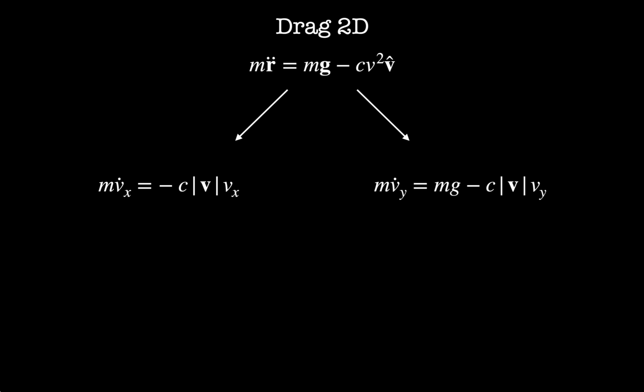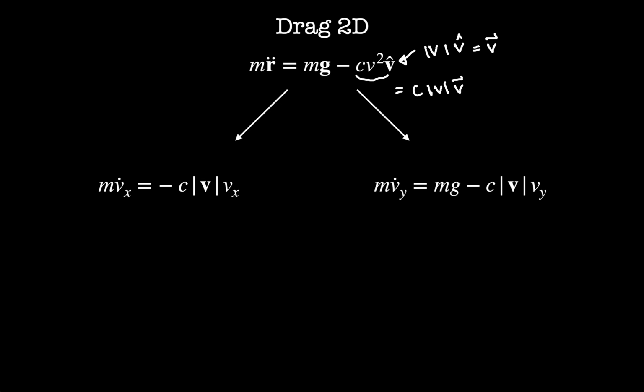So in this case, we'll notice that we can rewrite the magnitude of the velocity times v hat. This is just our velocity vector. So this whole piece here is going to be equal to c times the magnitude of the velocity times the velocity vector itself. And now I can split this up into components.